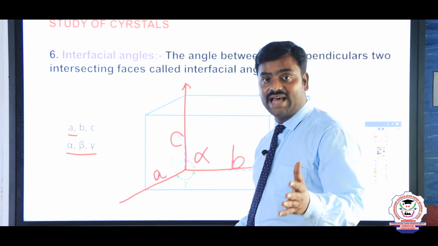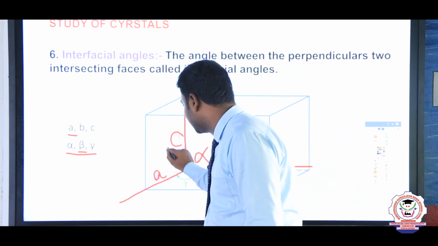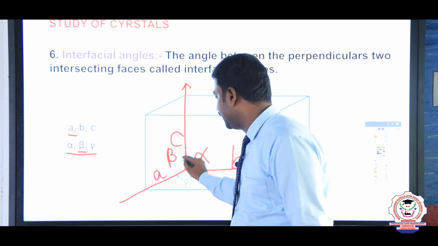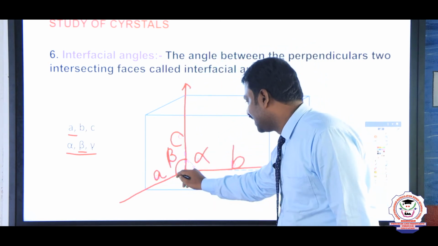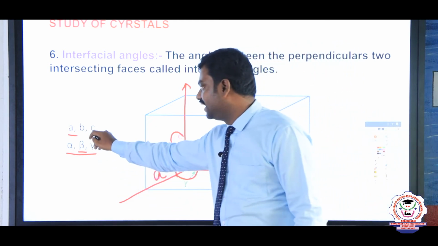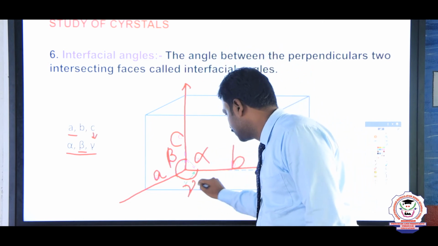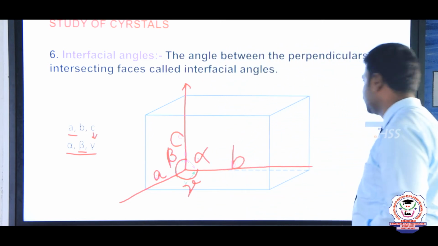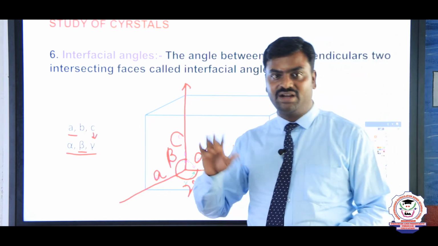So, the angle between C and A should be known as beta. Next one, the angle between A and B, the missing letter is C, then the angle must be gamma. In this way, we can represent the interfacial angles alpha, beta, gamma.